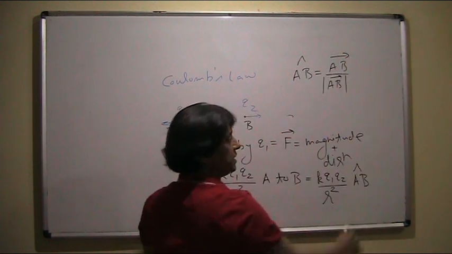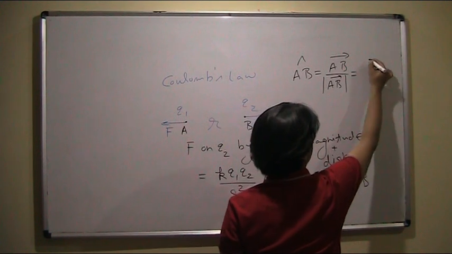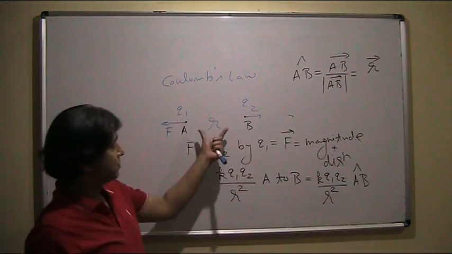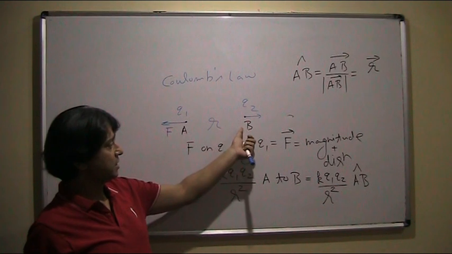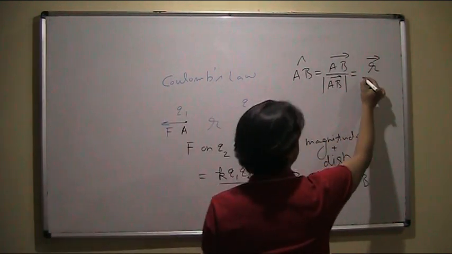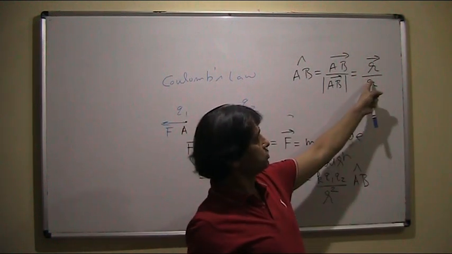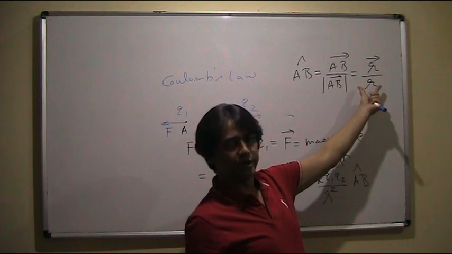Now this AB in short can be written as R vector. The separation R between A and B is given by R vector, and magnitude can be directly written as R. If I don't use the arrow, it gives me the magnitude.